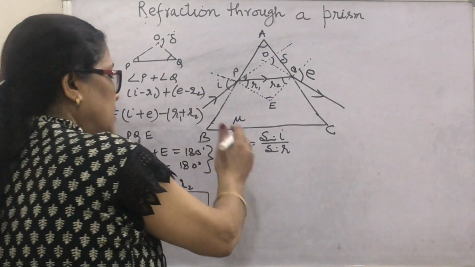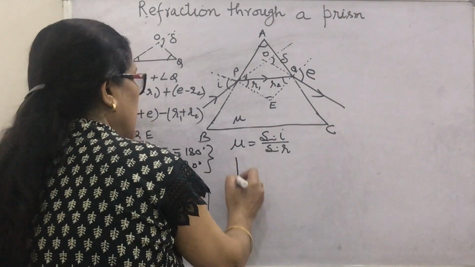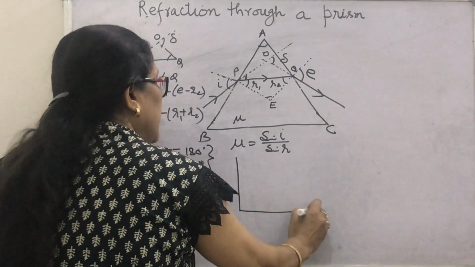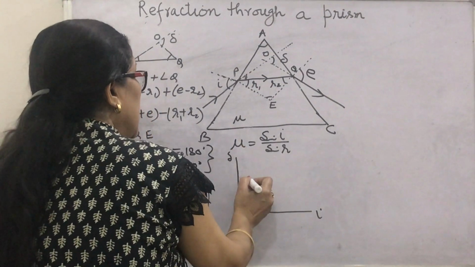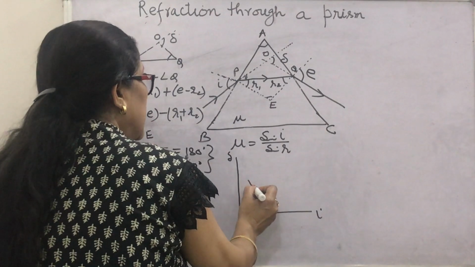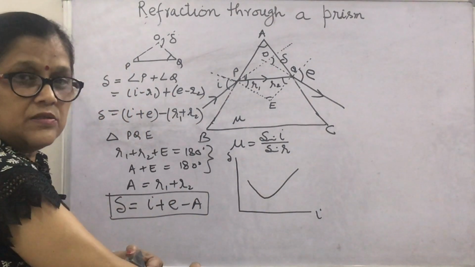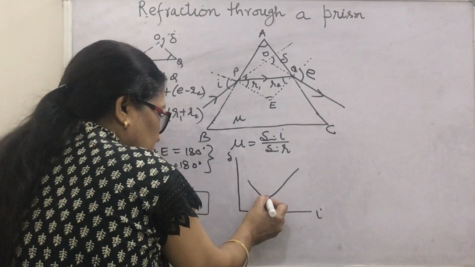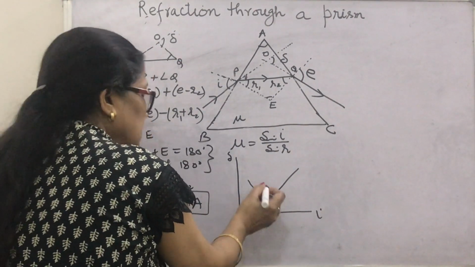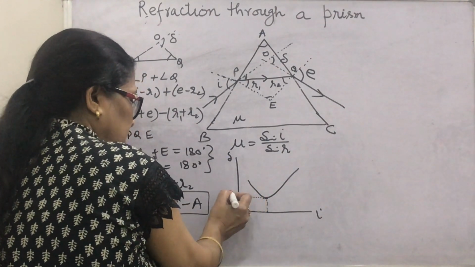How? Look, if a graph is plotted for angle of deviation and angle of incidence, then it has been observed that the graph is obtained like this. And for one and only one angle of incidence, there is minimum deviation.